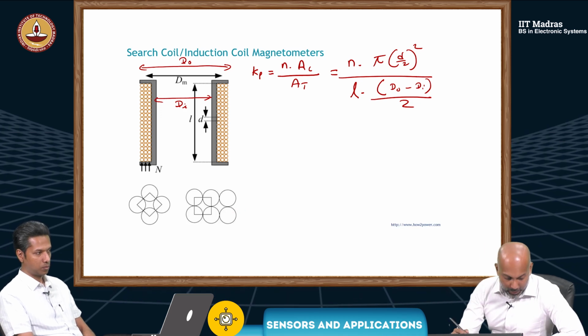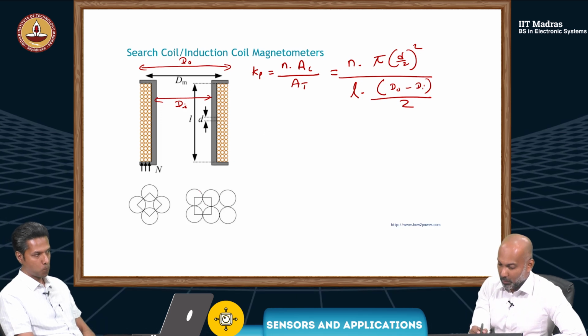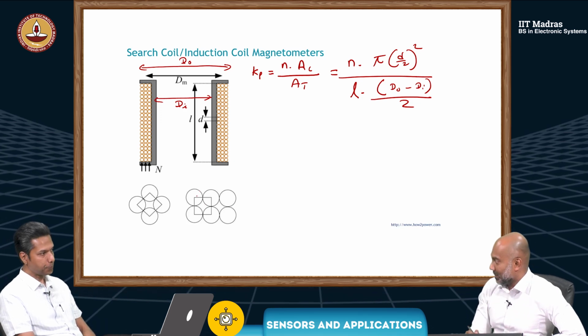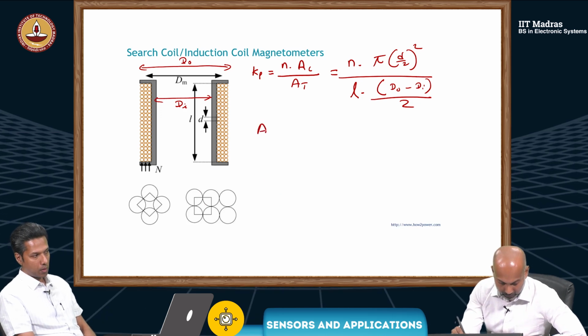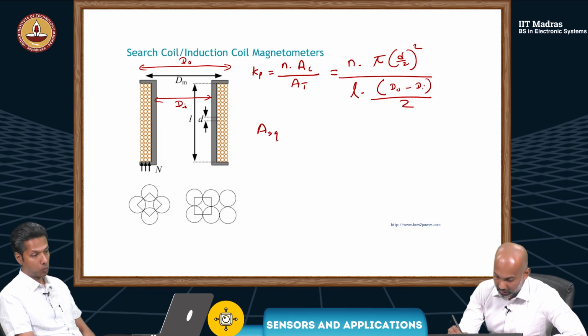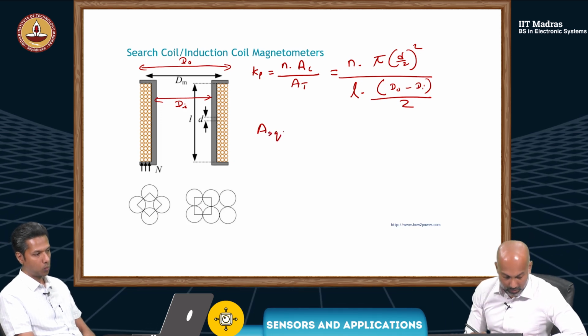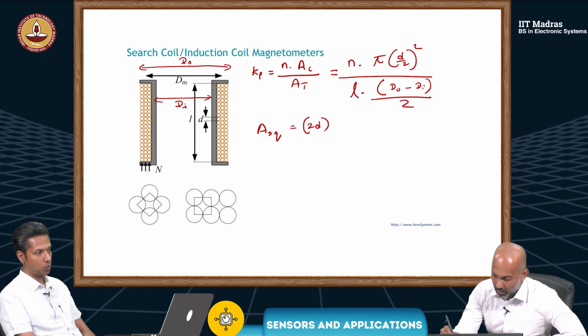Now, let's say we are still talking about wire with diameter d. We consider this whole area here. Let's say the area of the square in this case will be 2d squared.